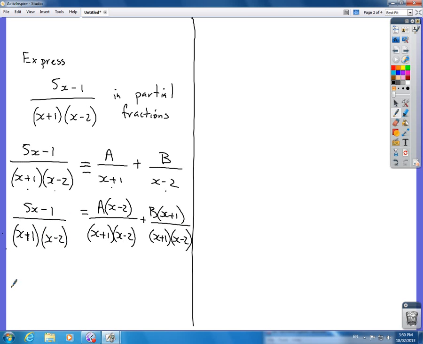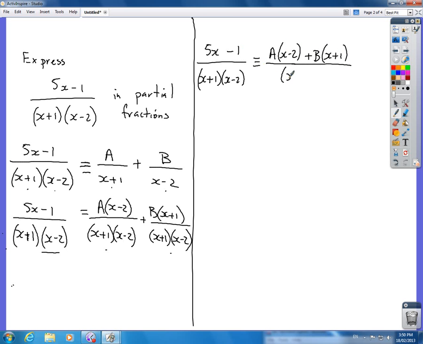Now you will notice that I can rewrite this as (5x - 1) all over (x + 1)(x - 2) is exactly the same as [A(x - 2) + B(x + 1)] over (x + 1)(x - 2).